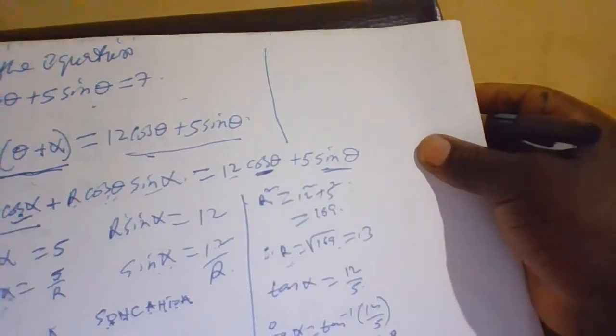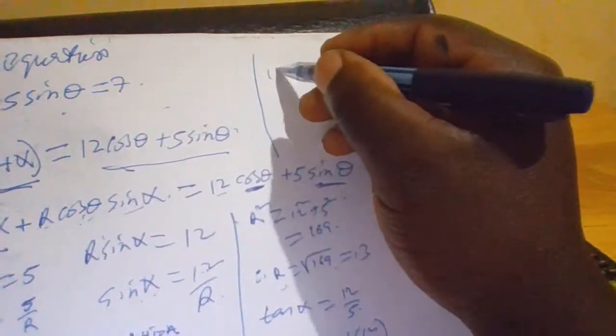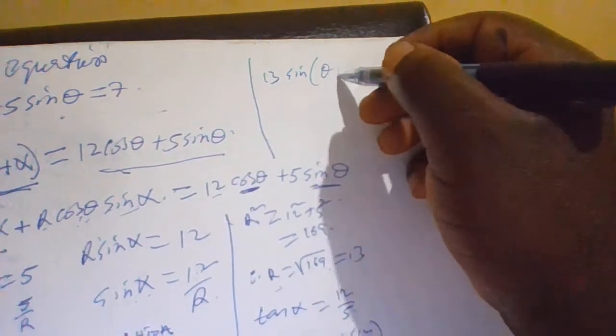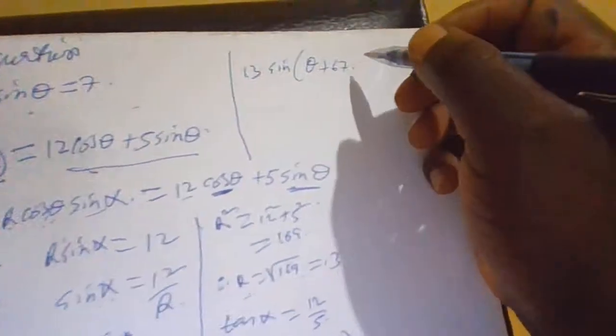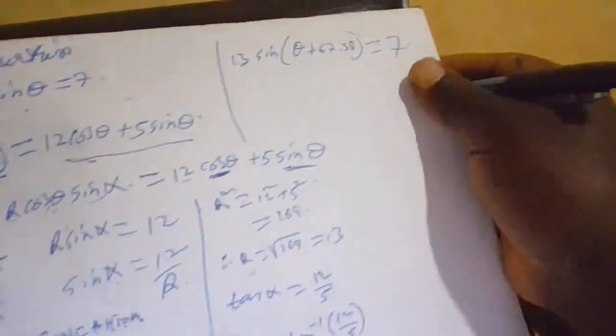After getting alpha, we have R, which is now 13, sin(theta plus 67.38), and this equals 7.